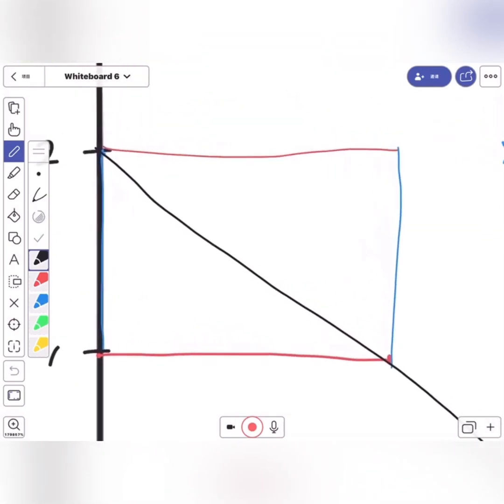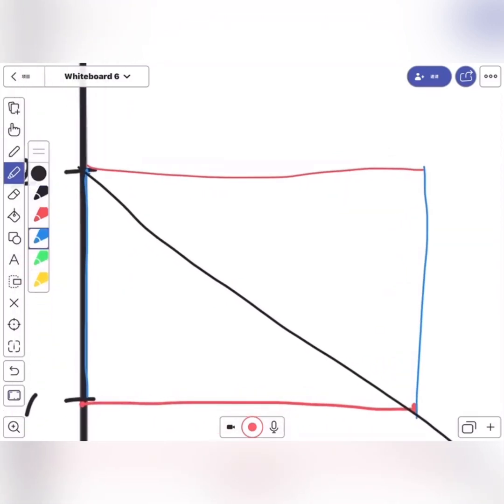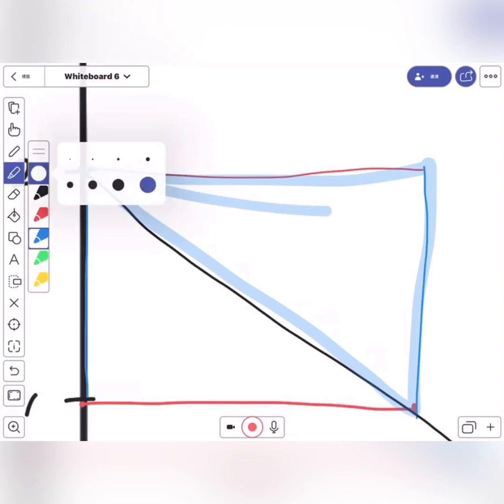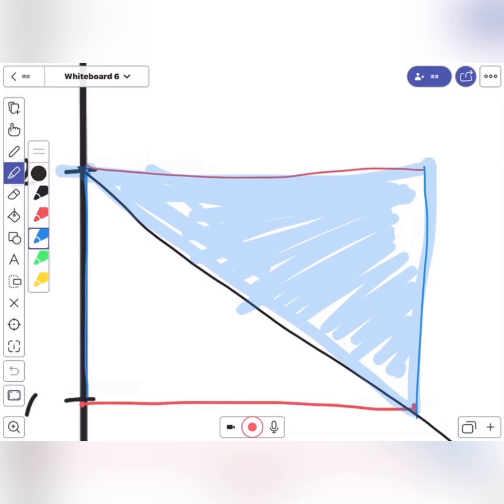Now greater than or equal to just means this region, and let's color in this region. Well, what is the area of this region?